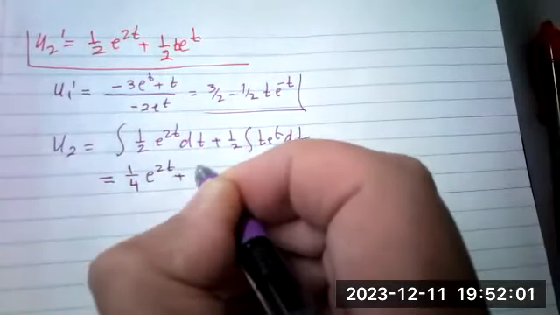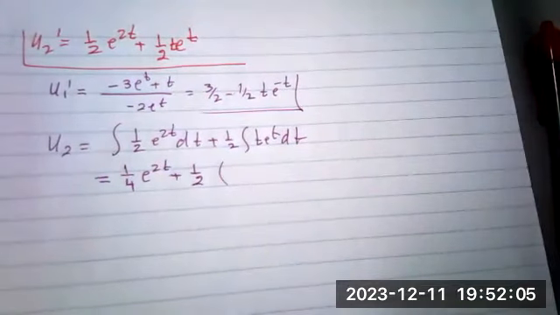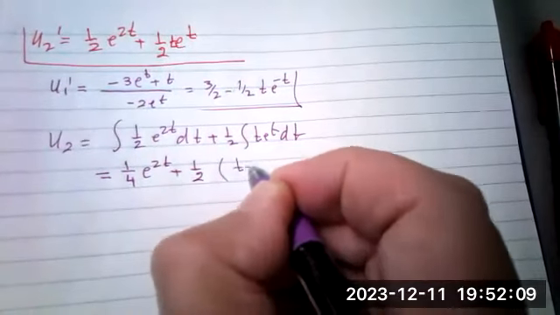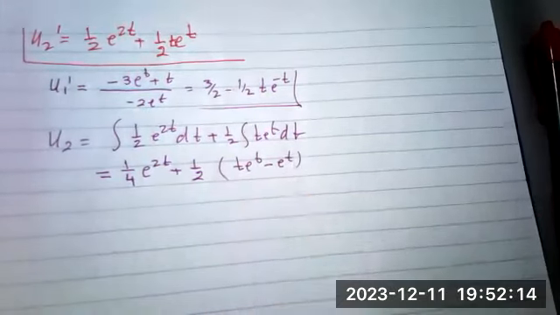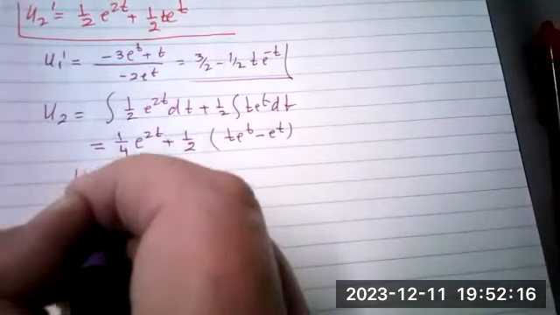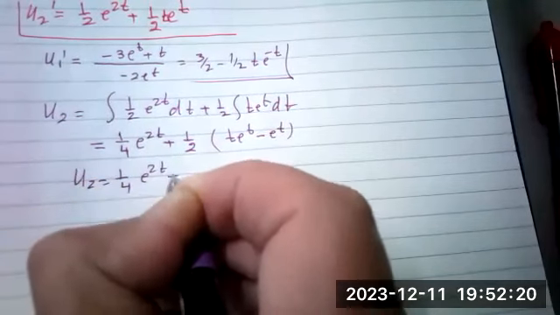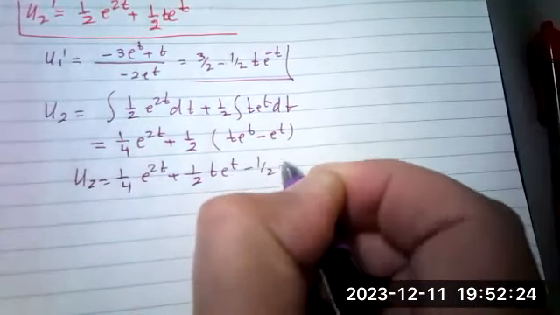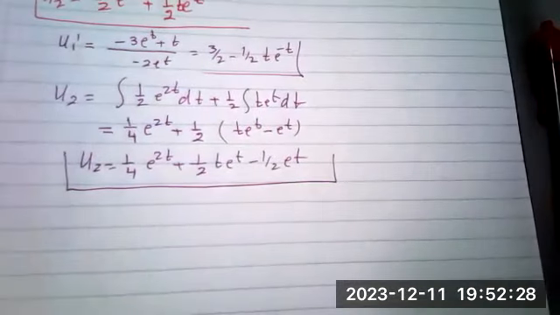You have to use integration by parts for this one. Remember, it's going to be t e to the t minus e to the t. So the final answer for u2 would be a quarter e to the 2t plus 1/2 of t e to the t minus 1/2 e to the t. That gives you u2.